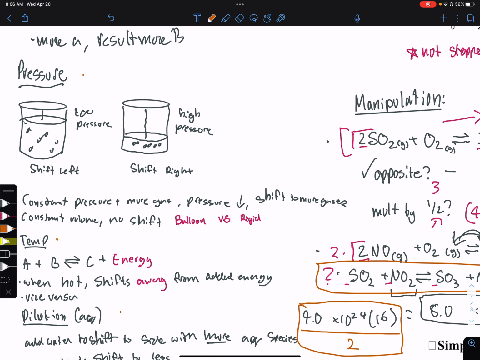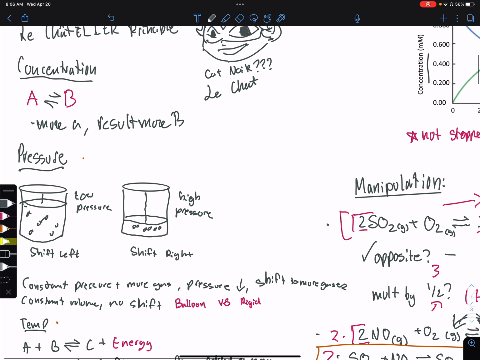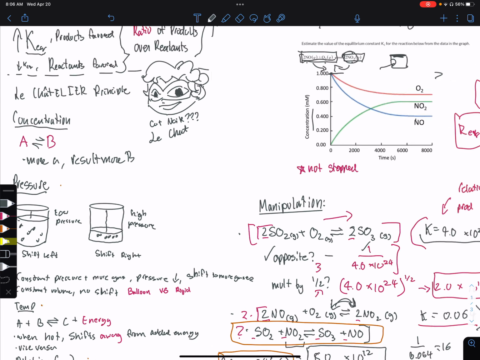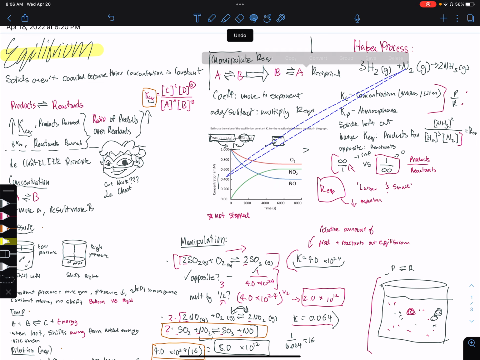All right, pressure. This one can be a bit complicated, but the way I like to think about it is that we're talking about gas, and when I have a couple molecules, all of them are free floating. So if I just take this thing here and copy this, I'm gonna bring it closer to where I am. Oh, whoops.